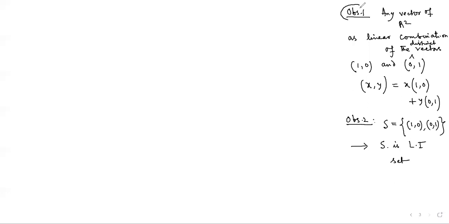So these are the two important observations that we have made. Remember these observations and this discussion, they are very important. Now I am going to give you the third definition.